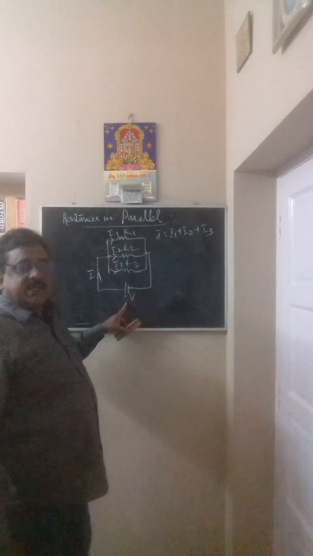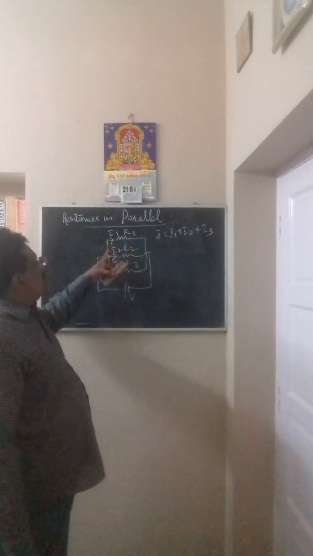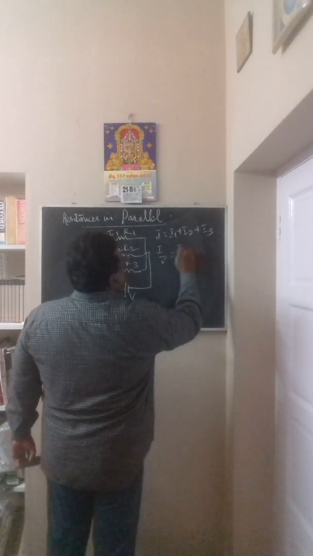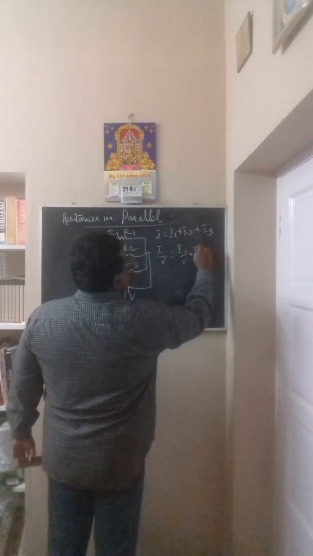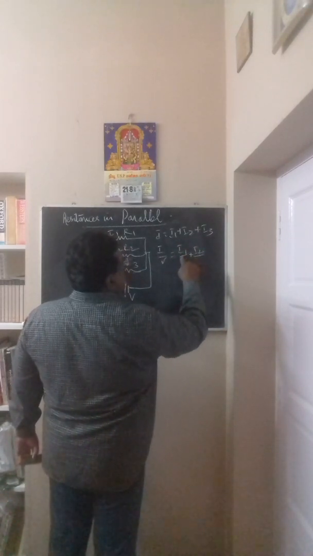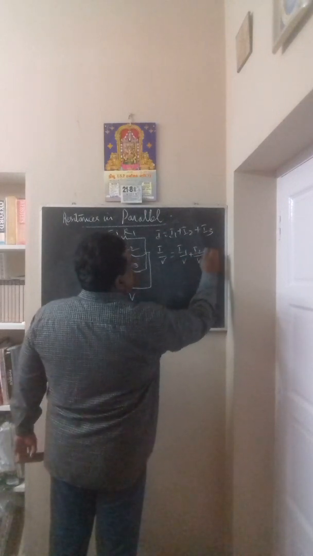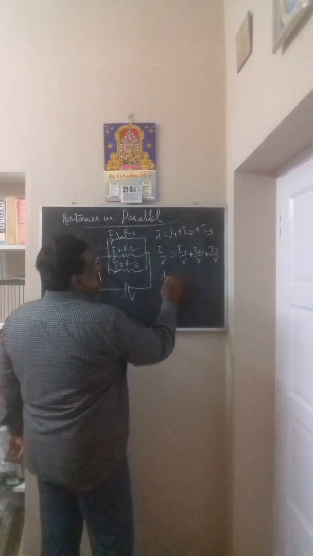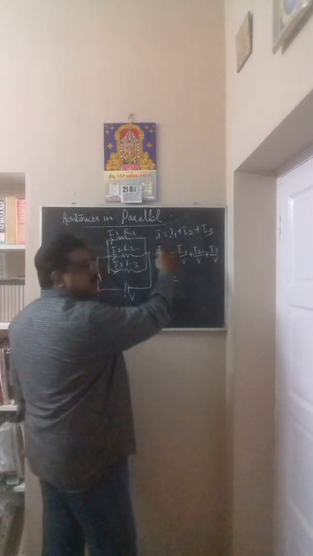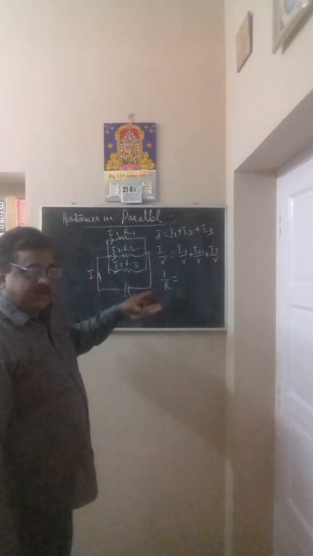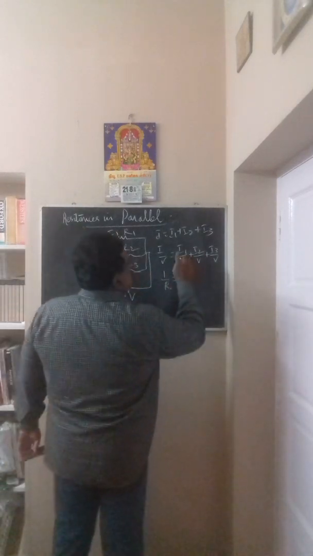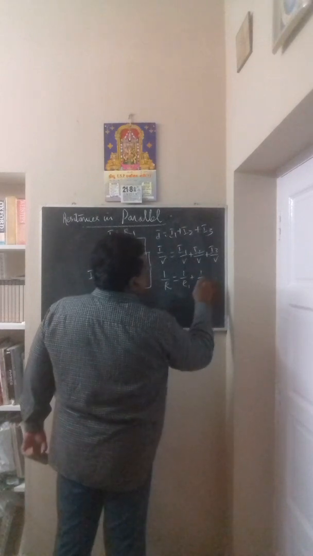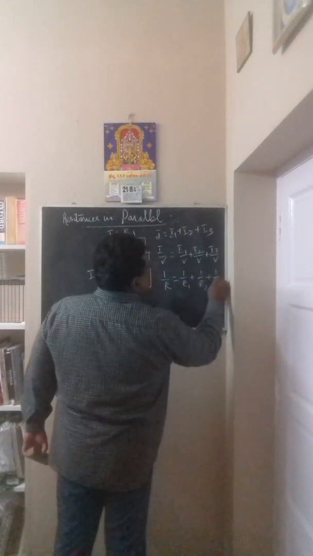And since the voltage is common for all the resistances, I divide by V. I by V is equal to I1 by V plus I2 by V plus I3 by V. I by V is 1 by R, because V by I is R, so I by V will be 1 by R. So I1 by V will be 1 by R1, and so on.